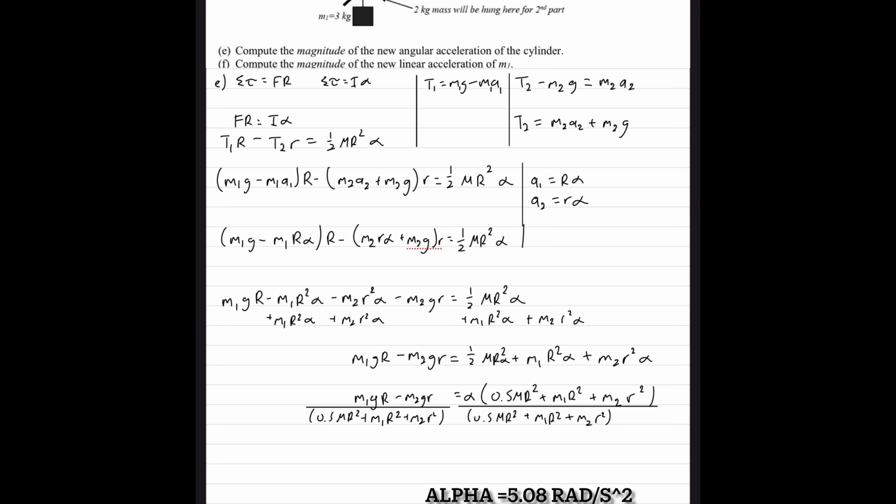Okay. So we have this equation. M1 G capital R minus M2 G lowercase r all over half capital M capital R squared plus M1 capital R squared plus M2 lowercase r squared, right?